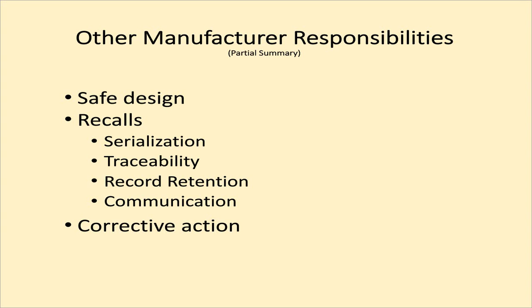Recalls. I think we've all seen recalls in the form of automobile issues where a manufacturer sends out a recall notice. To that end, each product that's sent out needs to be serialized. It needs to have a unique serial number so that it can be traceable to the distributor, to the dealer, and ultimately to the end user.